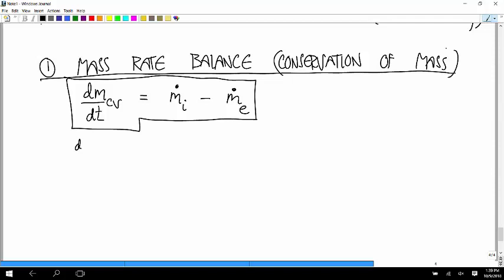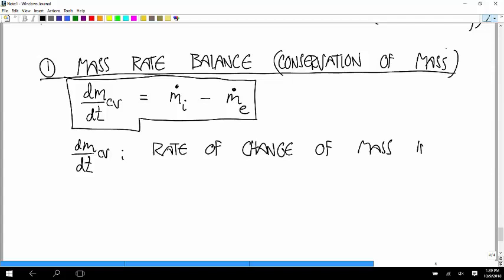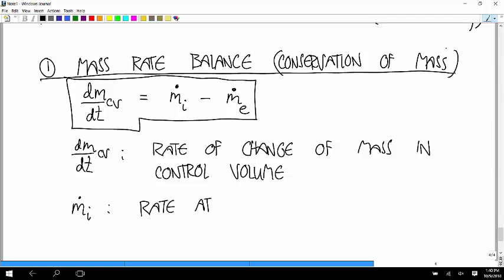Okay, so dm_CV/dt is the rate of change of mass in the control volume. m_i dot is the rate at which mass enters the control volume through all of the inlets.